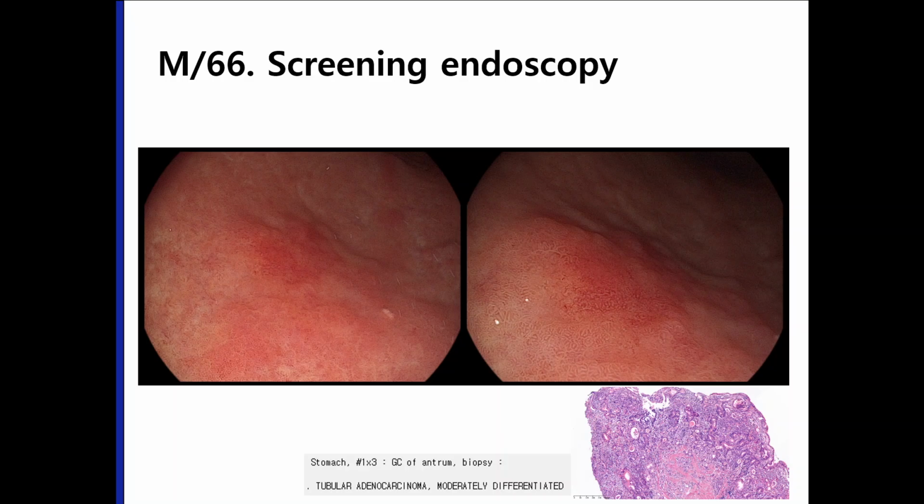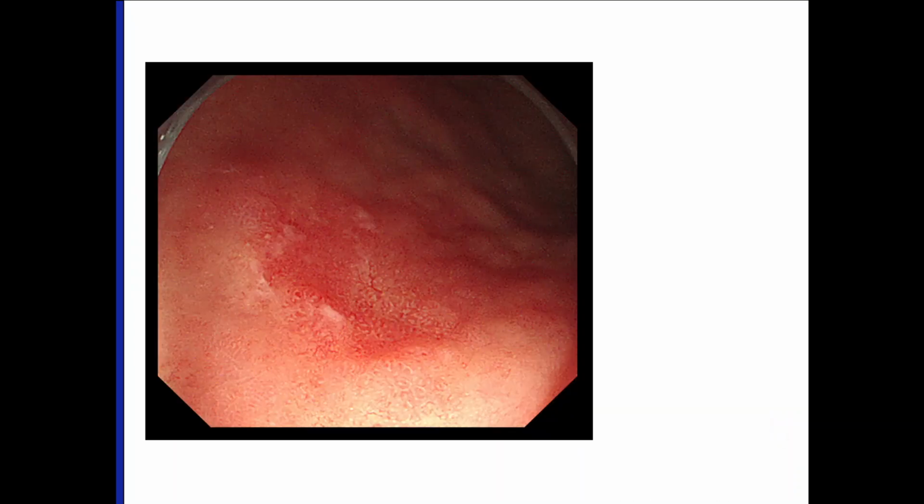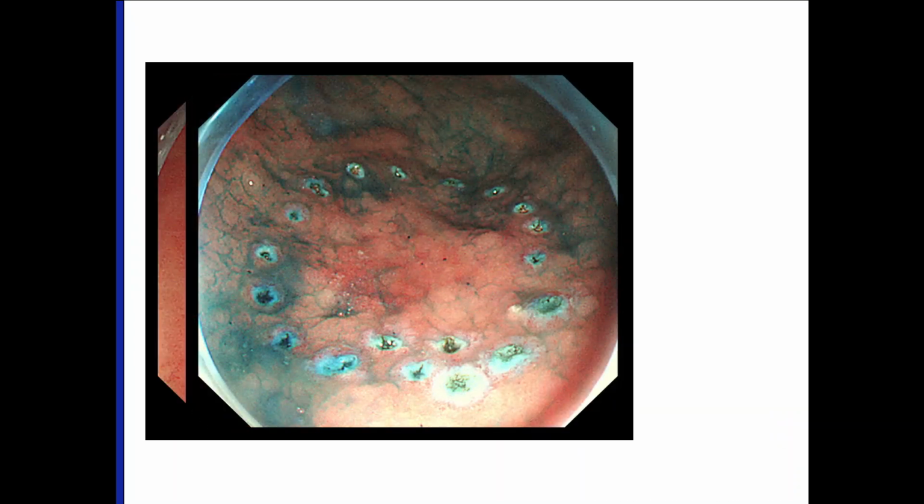In the screening endoscopy for a 66-year-old male, a flat hyperemic lesion was found, and the biopsy showed moderately differentiated adenocarcinoma. ESD was done as usual.